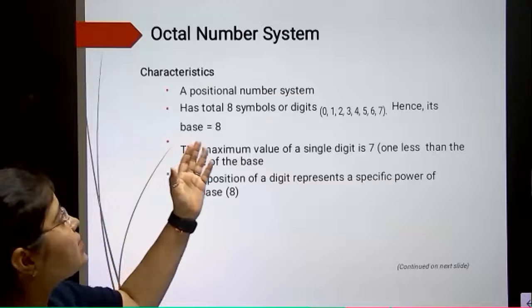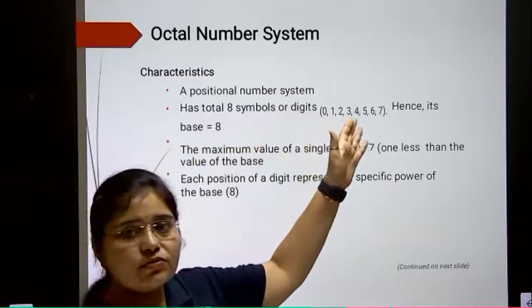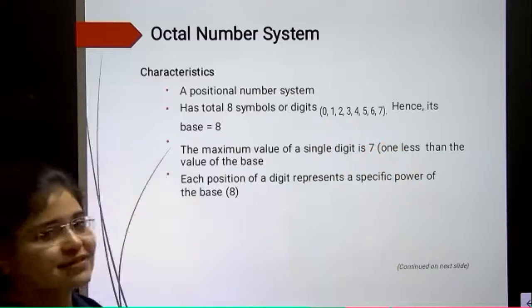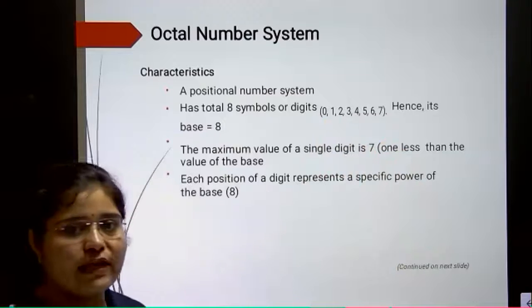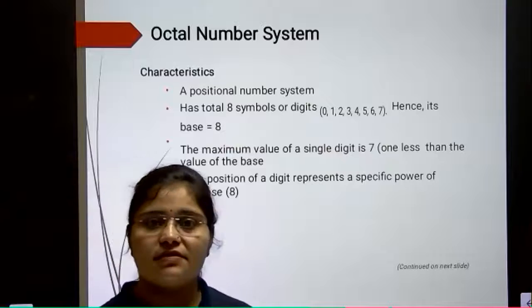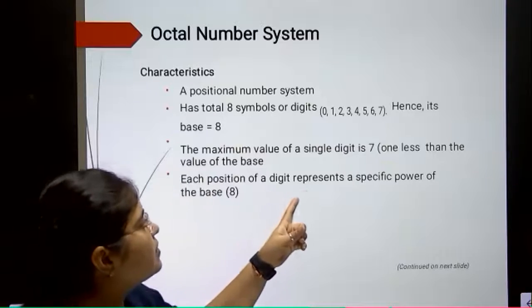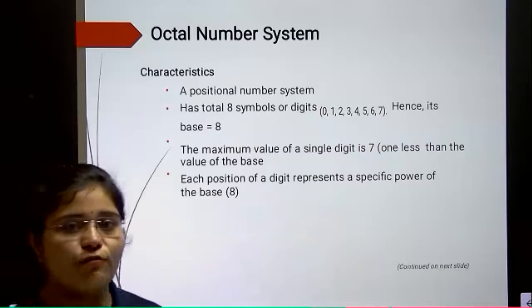Octal has 8 symbols or 8 digits, starting from 0, 1, 2, 3, 4, 5, 6, 7, hence its base value is 8. The maximum value of a single digit is 7, which is one less than the base value. Each position of a digit represents a specific power of base 8.